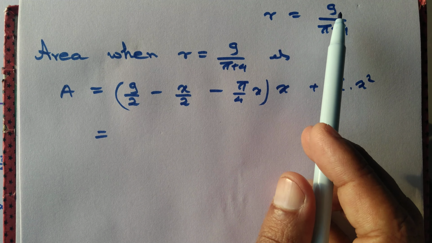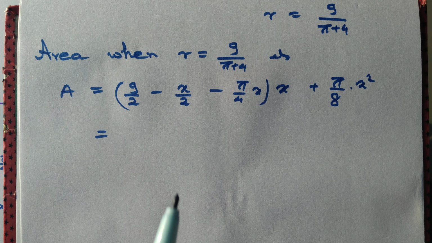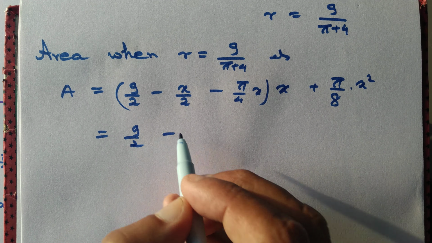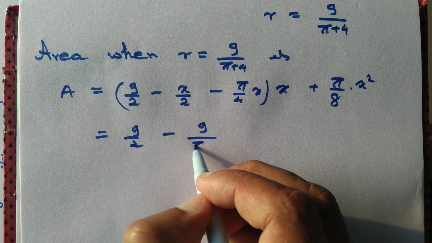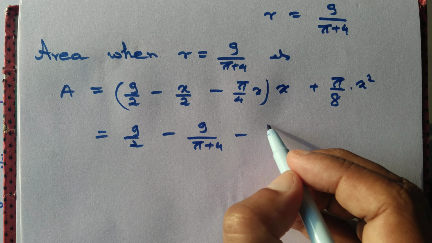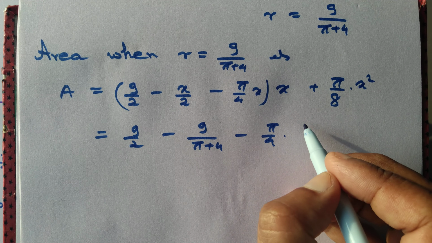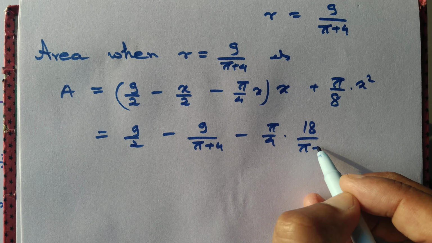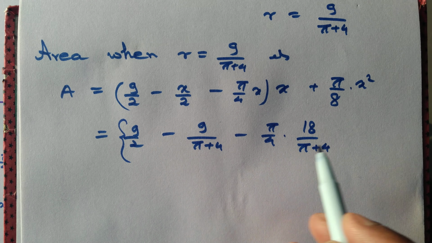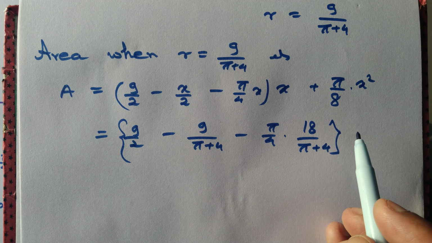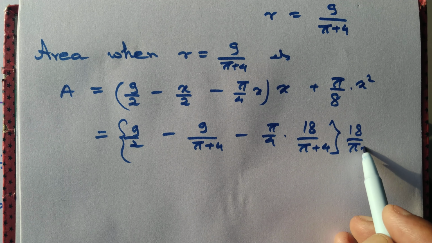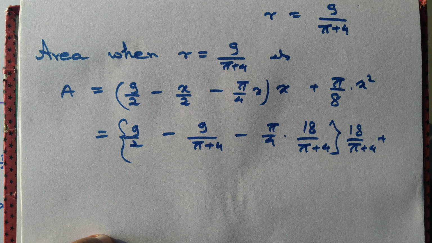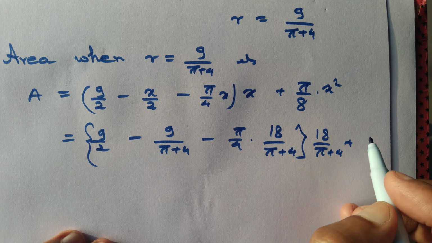We got x equal to 18/(pi + 4), so 9/2 minus x/2, which is 9/(pi + 4), minus pi/4 times 18/(pi + 4), to be multiplied by x. x is 18/(pi + 4), plus (pi/8)x squared.